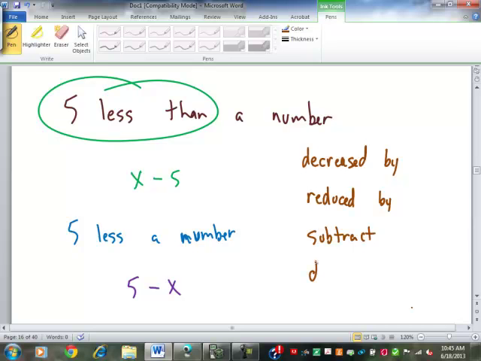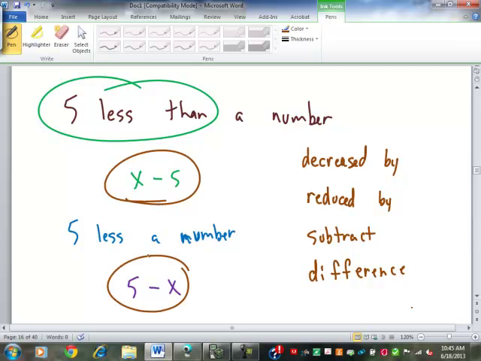And kind of like sum, we have the word difference. The difference of a number and 5 would be x minus 5. The difference of 5 and a number would be 5 minus x. Whatever order they're stated in is the order they're subtracted in when you use the term difference.